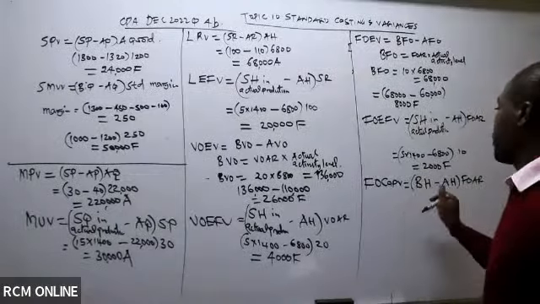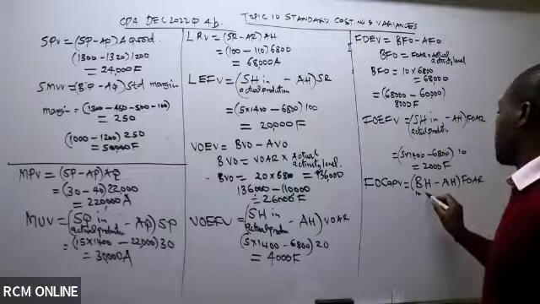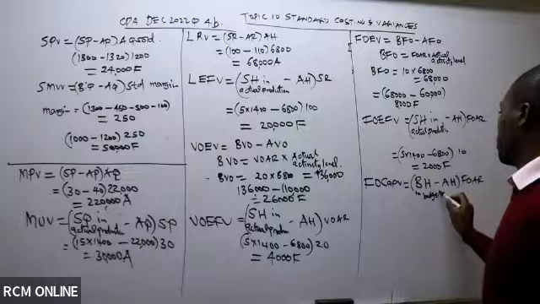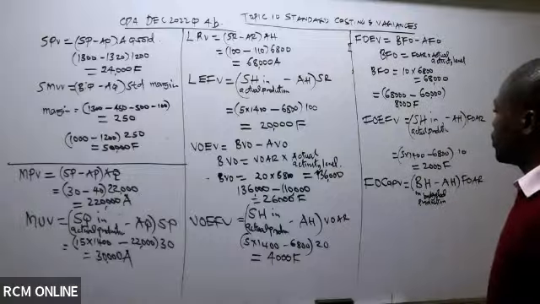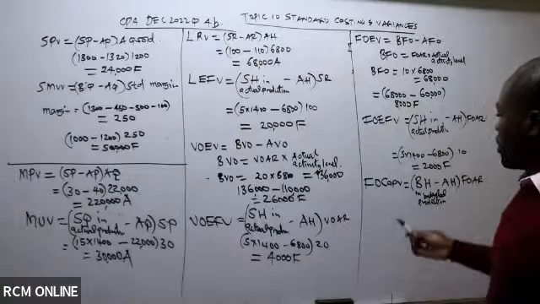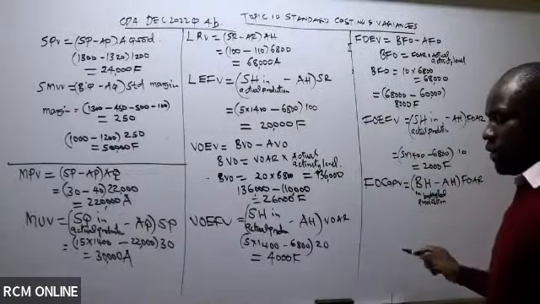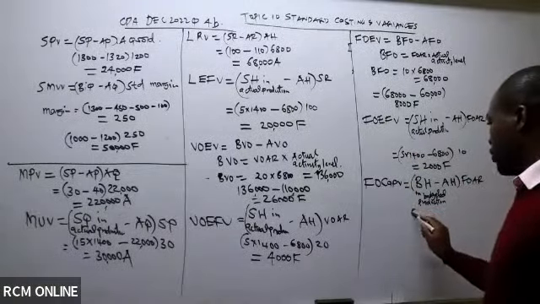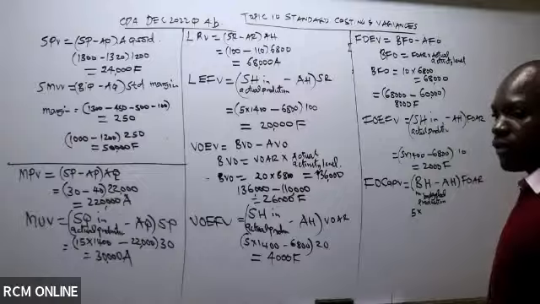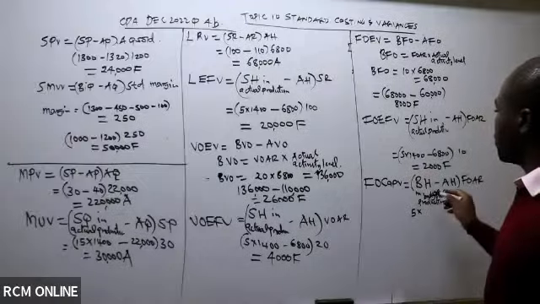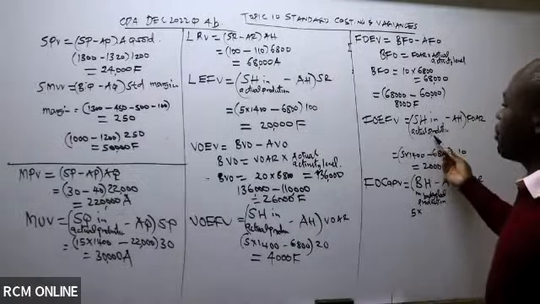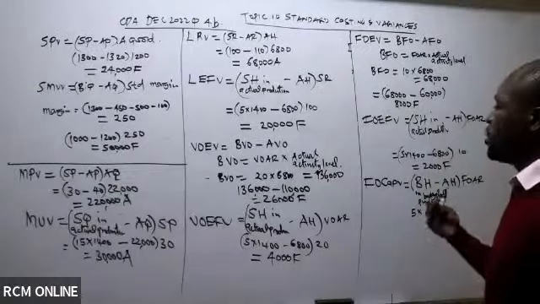Budgeted hours in budgeted production. I think this will make sense. Good. So we are able to see standard hours was 5 hours per unit, right? But now it is not multiplied by actual production. It is multiplied by budgeted production.